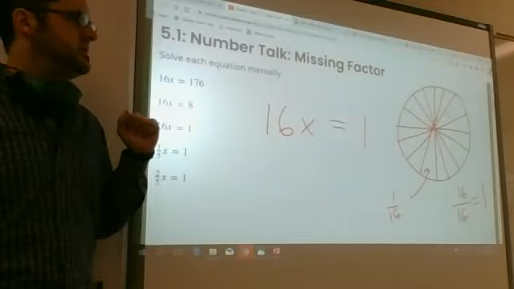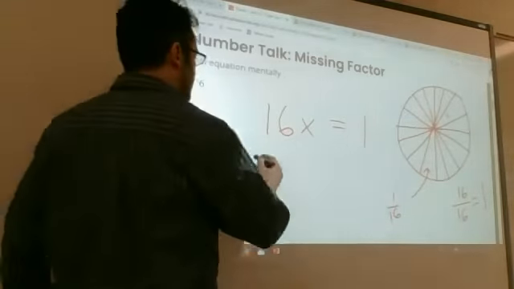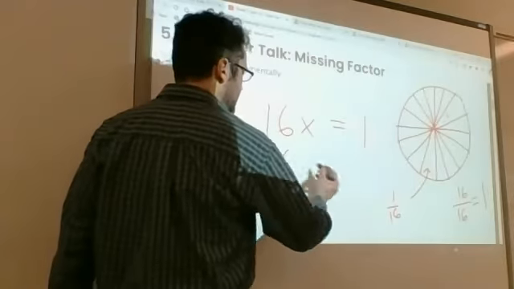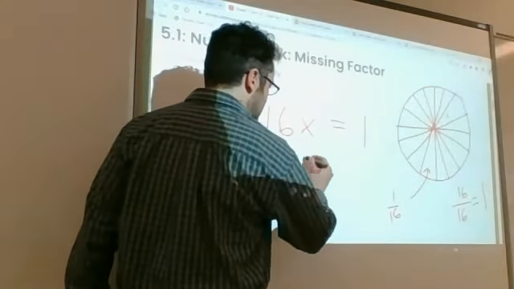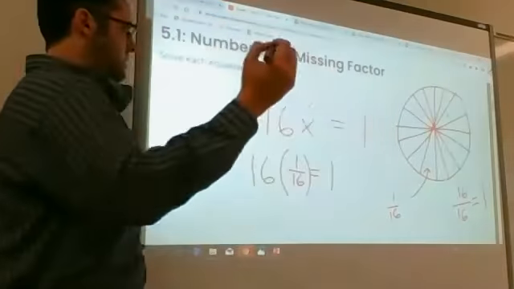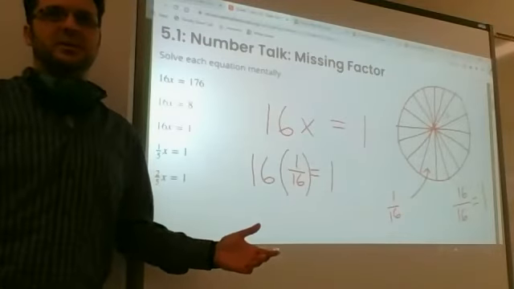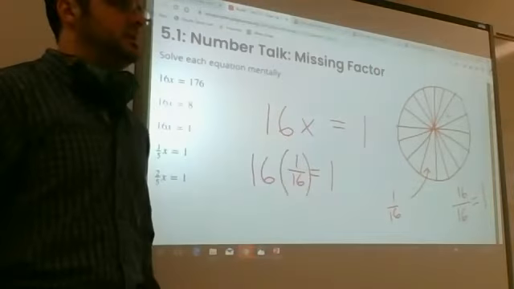Not 16 times 16, but what? 1/16. There we go. Because if I have 16 slices of pizza and each slice is 1/16, that gives me a whole pizza. Everybody understand how I did that? So in this case, x is 1/16.